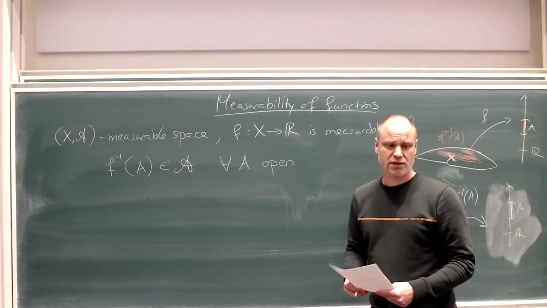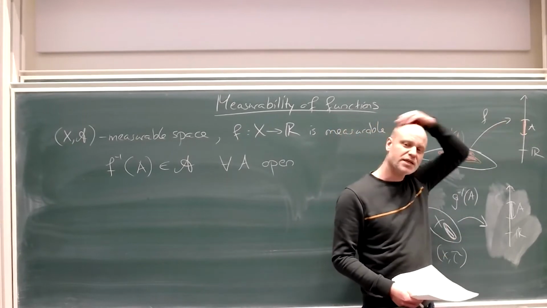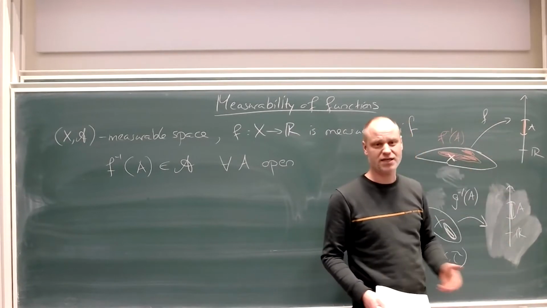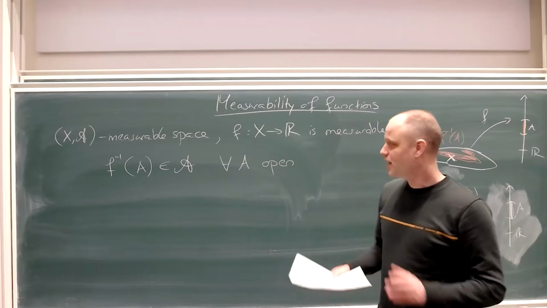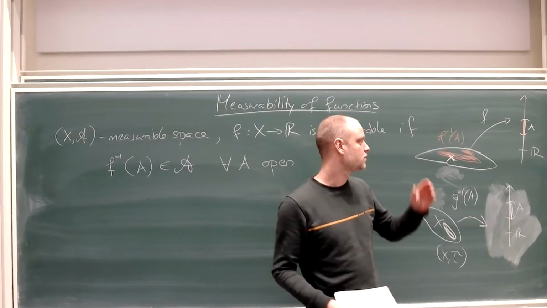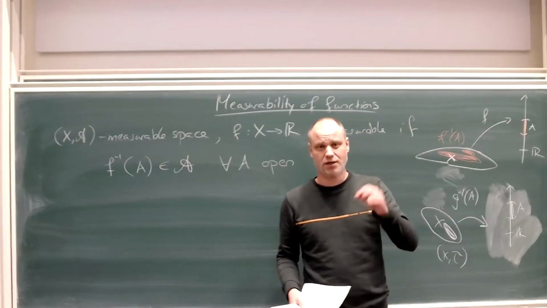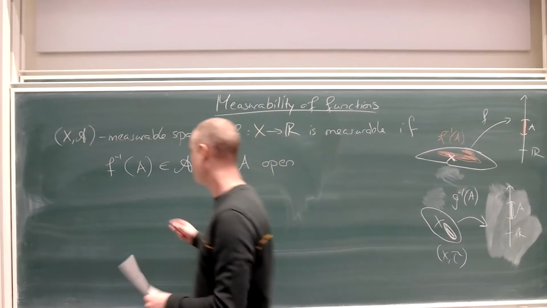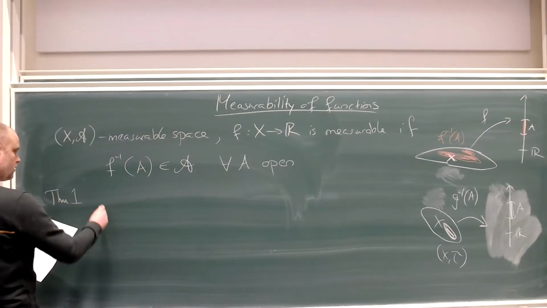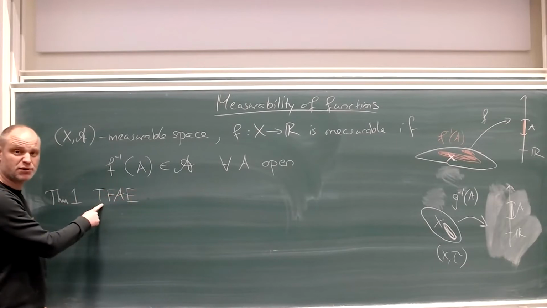Now, you might go like, okay, but why did he take just open sets here? It seems like he could have taken closed sets or maybe any Borel set or whatever. So that's theorem one. There are many ways to define measurability, and I just picked one. Theorem one says TFAE. Do you know this abbreviation?